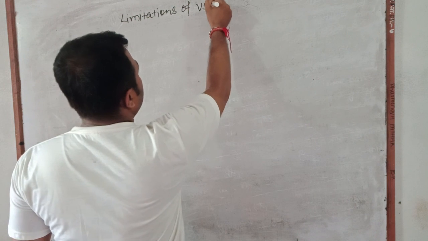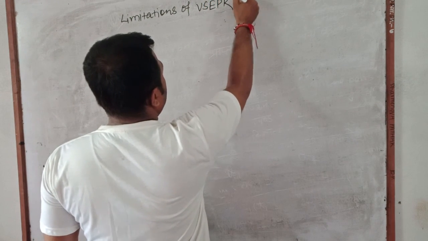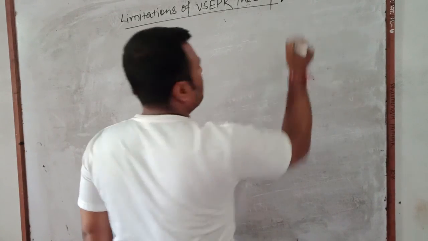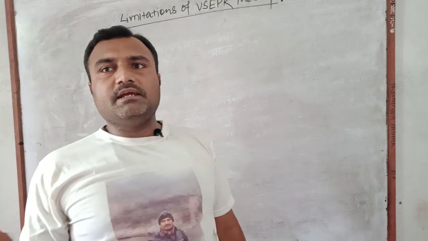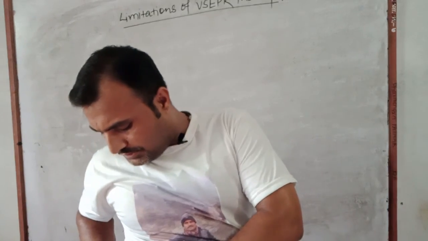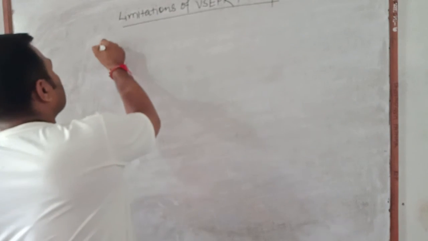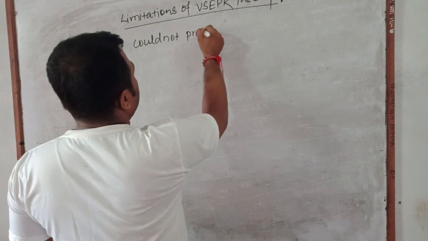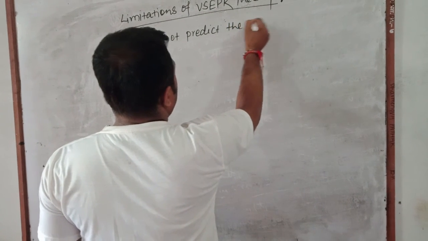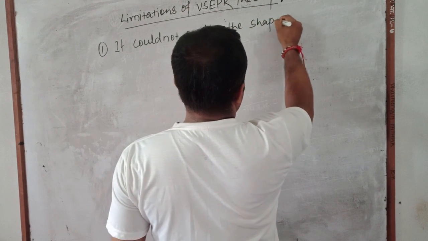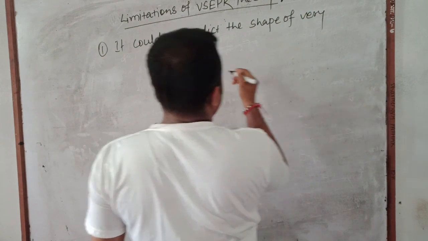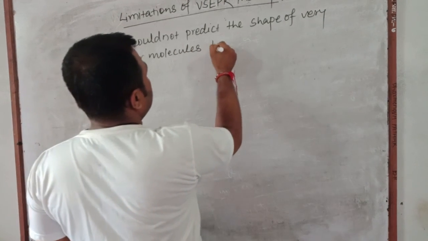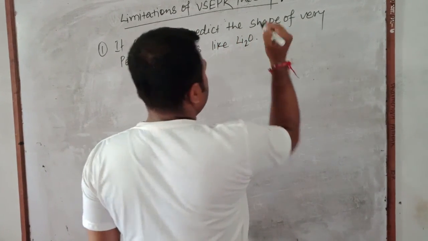Limitations of VSEPR theory. VSEPR theory could not explain the structure of some molecules, like it could not predict the shape of very polar molecules, like lithium oxide.